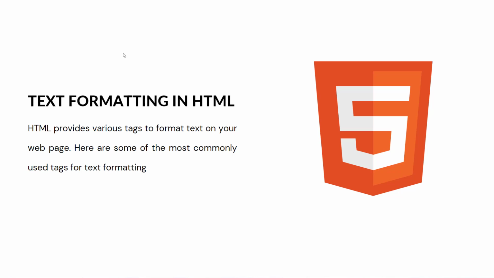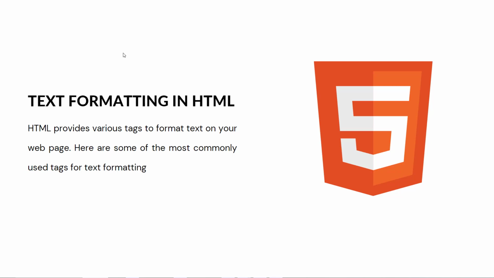What is HTML? As I said before, HTML is used to structure our data in the website. So text formatting in HTML. What is this text formatting in HTML? It provides various different tags so that you can represent your text in a different way. For example, some text will need some big headings, some text should be bold, something should be italic.